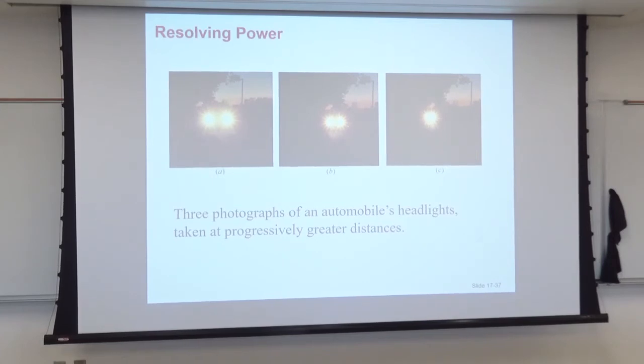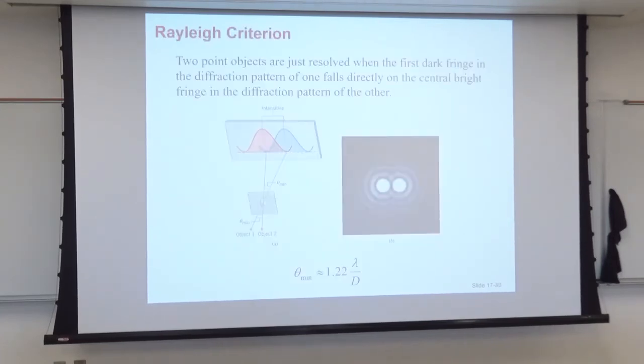So there is a criterion for the distinction of the image, which is called Rayleigh's Criterion. According to Rayleigh's Criterion, 2-point objects are just resolved when the first dark fringe in the diffraction pattern of 1 overlaps the other. So let's say this is the intensity of the first one.